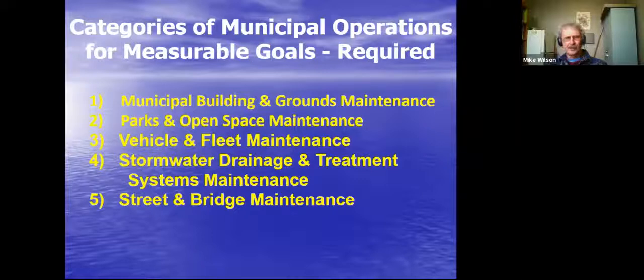These operations are required every year to keep and report their measurable goals. Those include municipal building and grounds maintenance, parks and open space, vehicle and fleet maintenance, stormwater drainage and treatment system maintenance, and street and bridge maintenance.